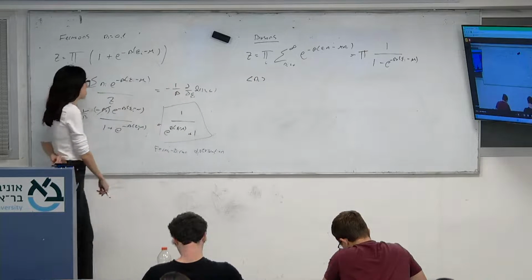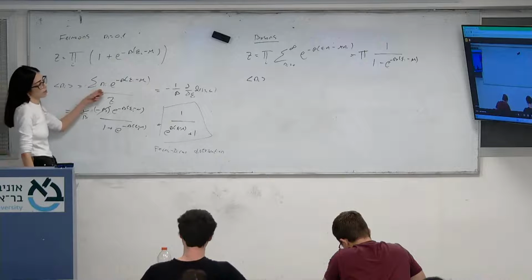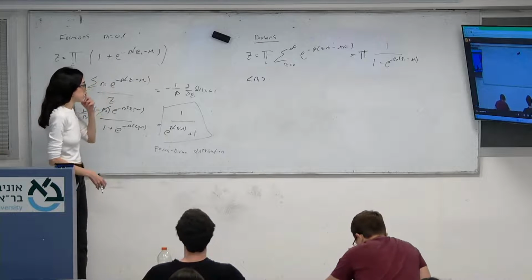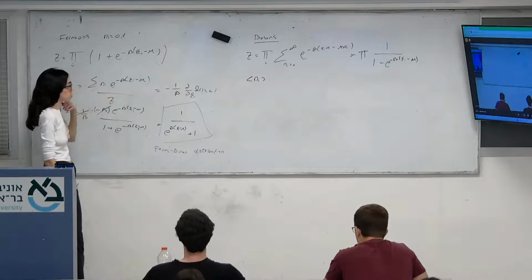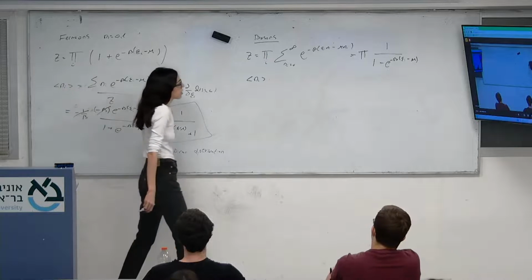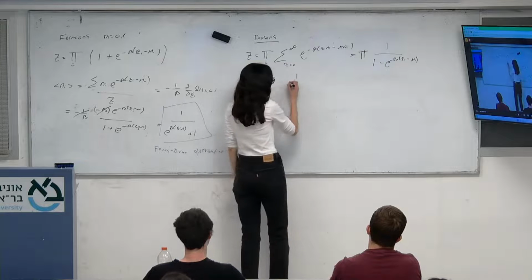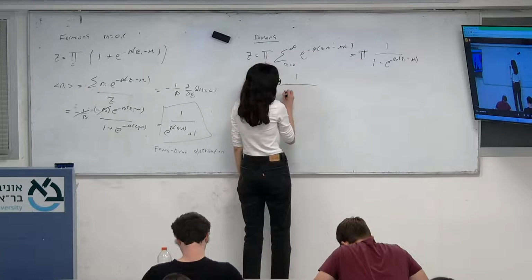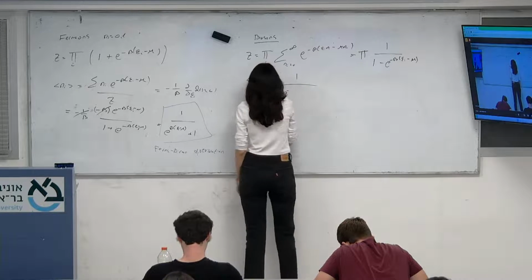In the same way that we did here, we can calculate the average either by the definition or by the derivative of the partition function. And eventually we're going to get 1 over e to the beta (epsilon i minus mu) minus 1.